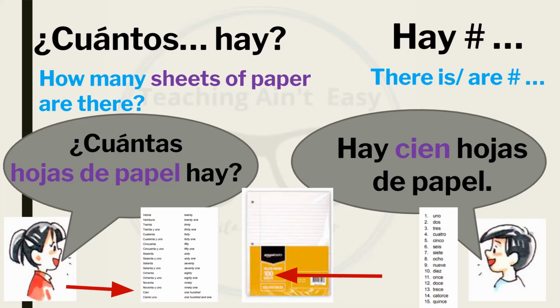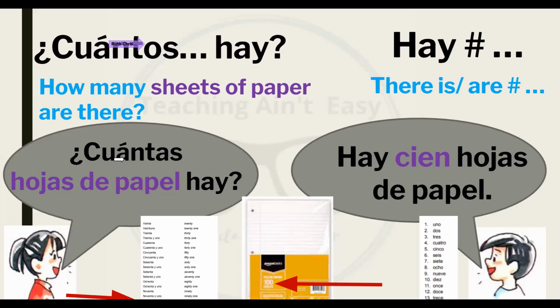Now, a couple of things to note about this particular question is that the word changed from cuántos with an OS to cuántas. The reason being is because the word that we are referring to, the quantity we're trying to determine, is feminine.